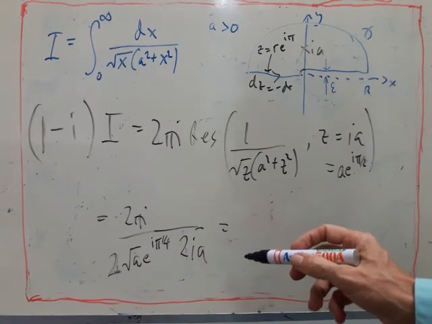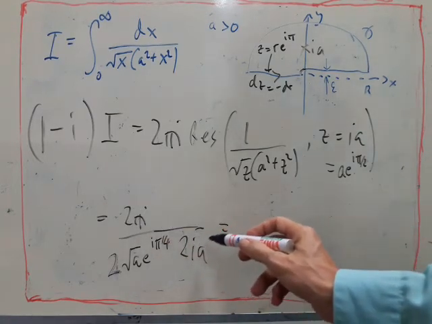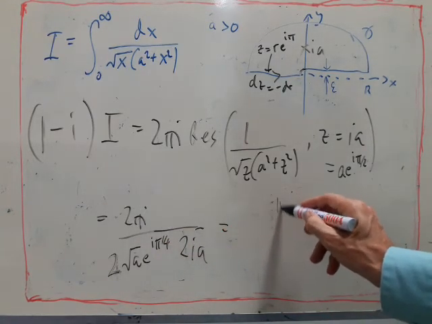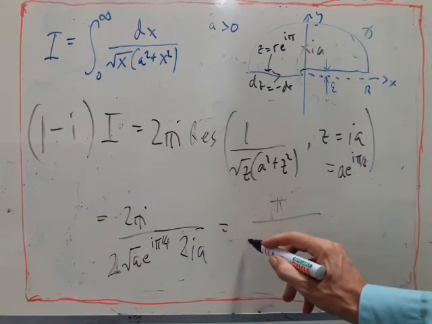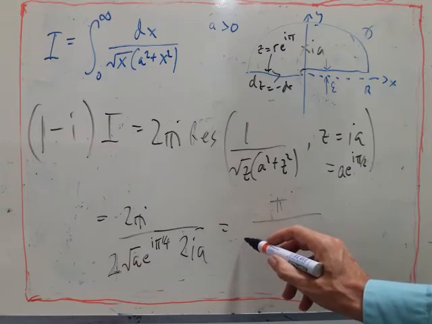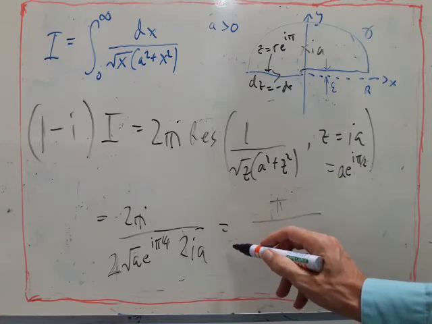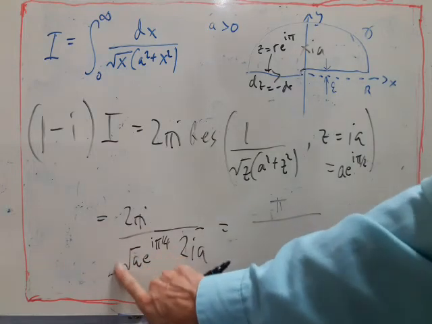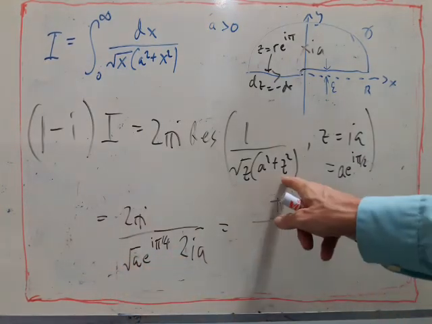So cancelling some things out, I can cancel the 2 i's, and that gives me pi over, sorry, I shouldn't have this 2 here still. The 2 came from here.